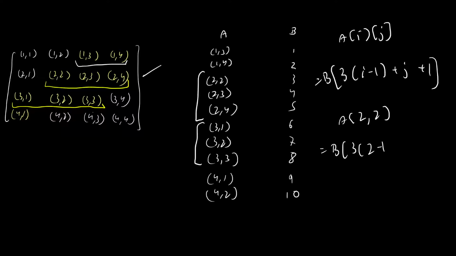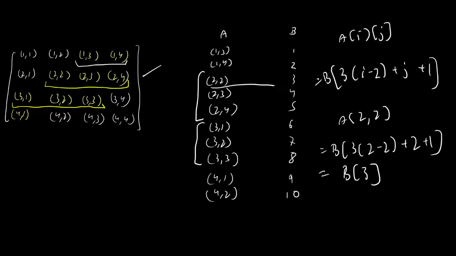So here one more thing we have to consider. j always begins from 2 in any row instead of 1. So here instead of 1, I will be tweaking its value to be 2. This is a simple observation that I've made, and a formula for it probably does not exist. So 3 times 2 minus 2 plus j, that is 2, plus 1 equals b3.